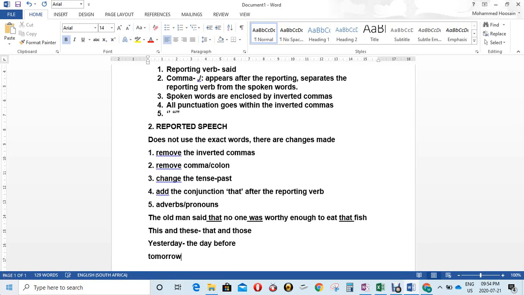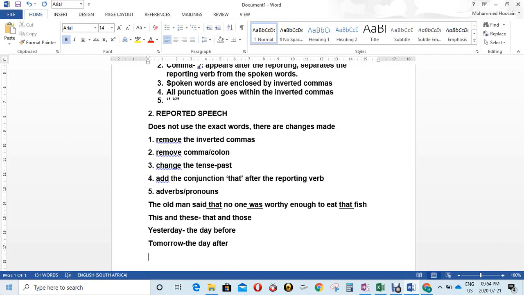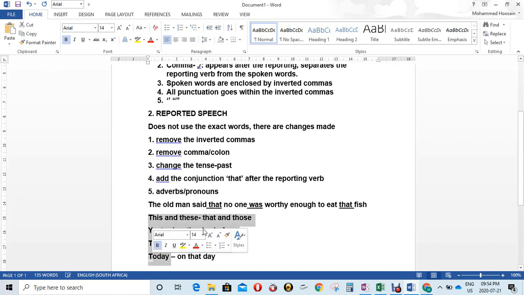Tomorrow will become the day after. And today becomes on that day. This, now, these, yesterday, tomorrow and today are in the present tense, and when you are changing to reported speech, these adverbs of time will change. Yesterday becomes the day before, tomorrow becomes the day after, today becomes on that day.